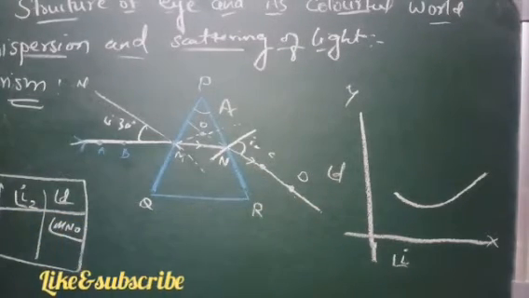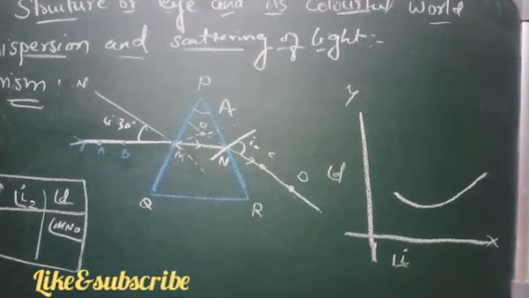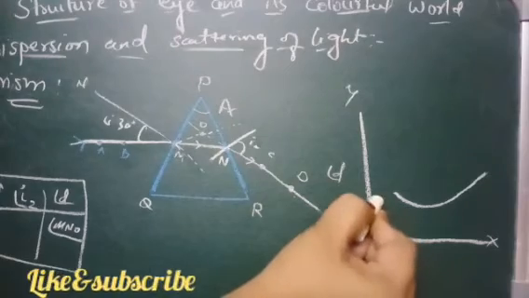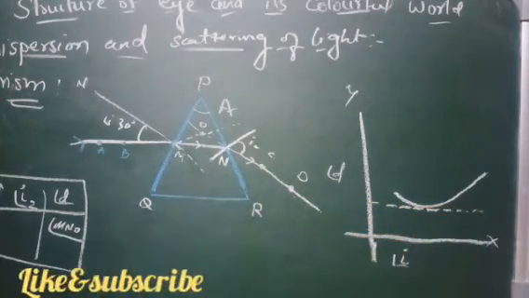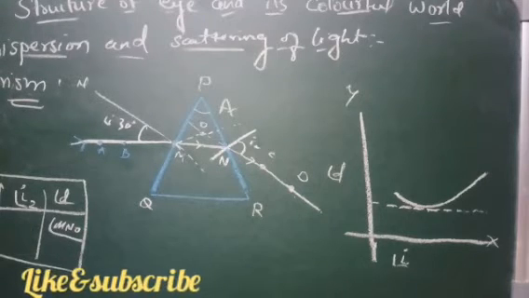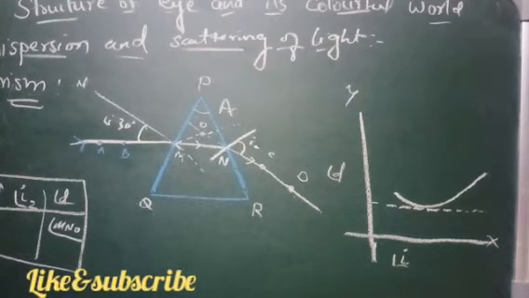We will draw a tangent line to the curve, parallel to the x-axis at the lowest point of the graph. The point where the line cuts the y-axis gives the angle of minimum deviation.